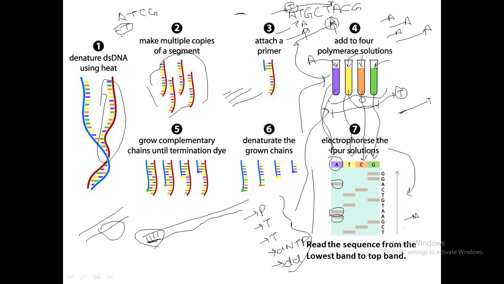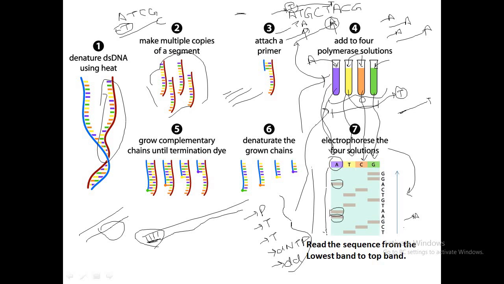But if the reaction proceeds like this, this is bigger, so it will come above this smaller one. Once you electrophorese all the fragments, the smallest one will be in the lower panel.